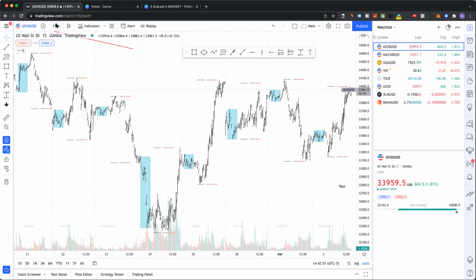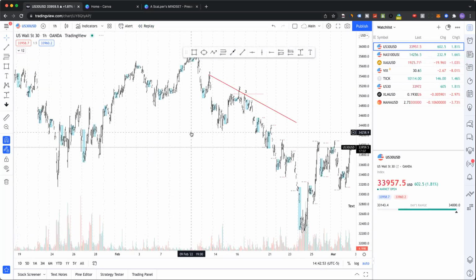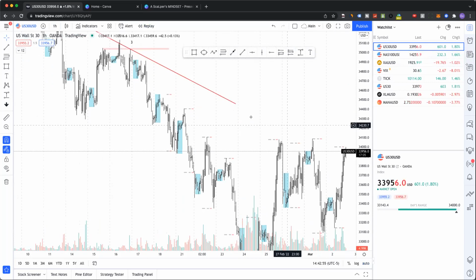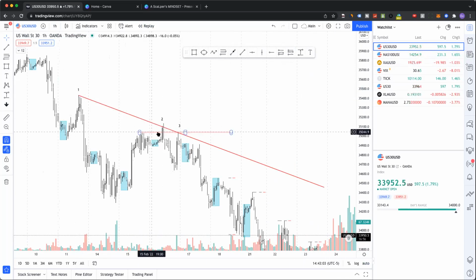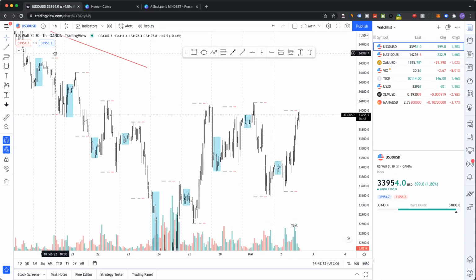Let's look at a 1 hour chart. Okay, here's another QM. We have our initial trend line, 2, 3, in line with our QM. High, low, higher high, lower low, third tap inside the trend line, and drop.